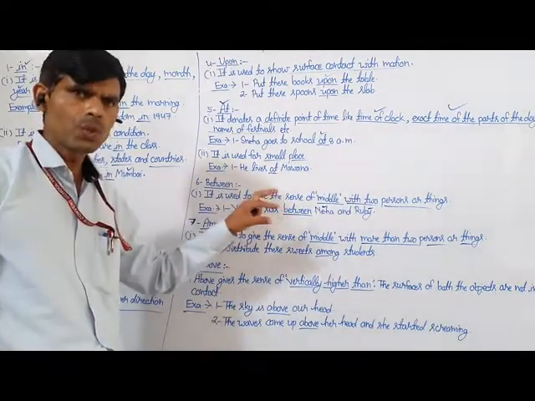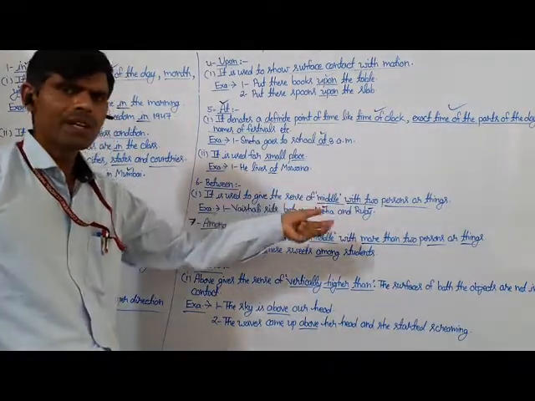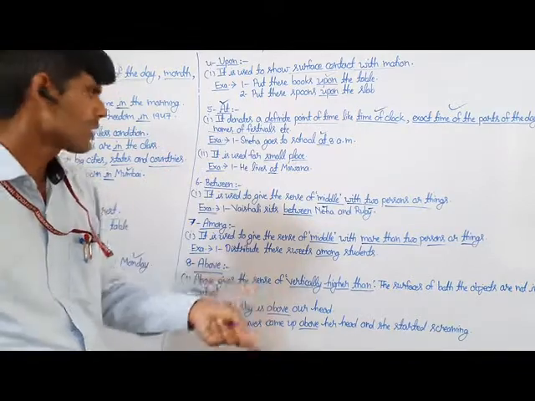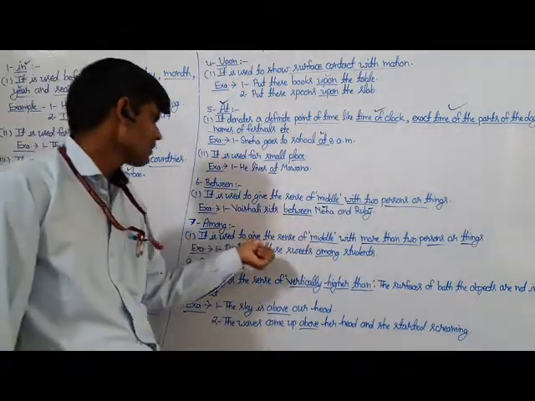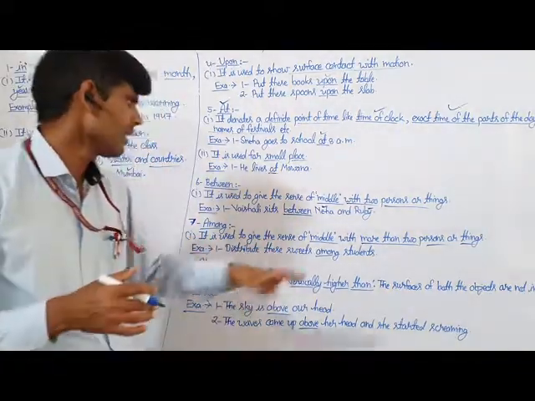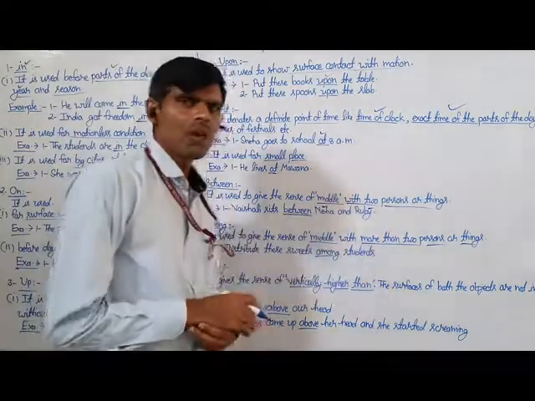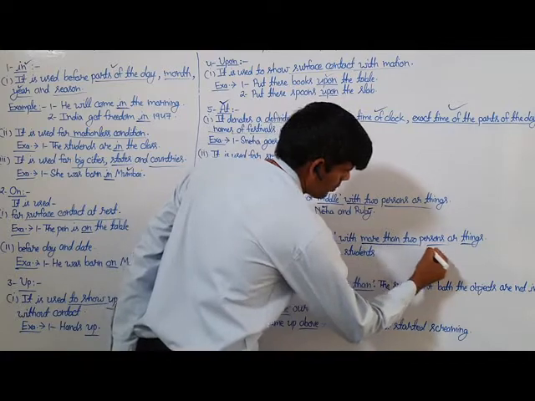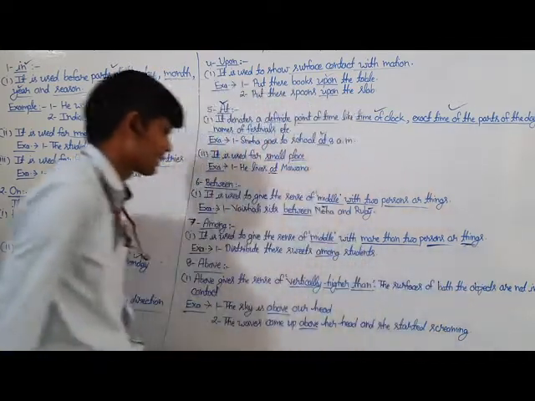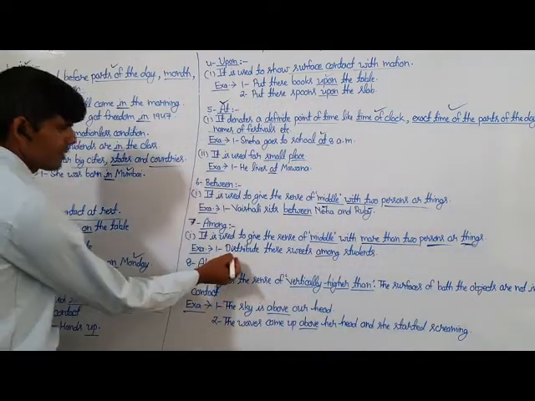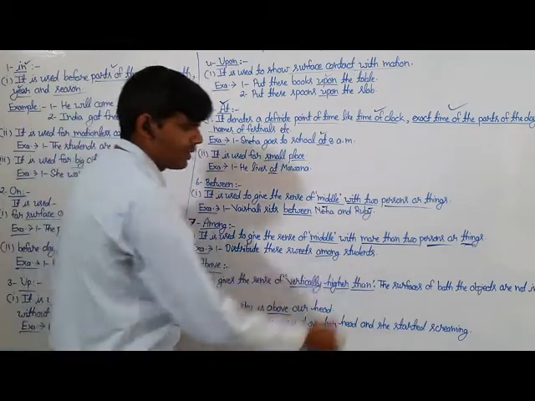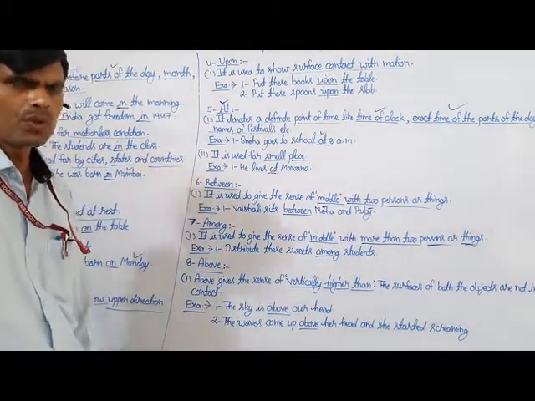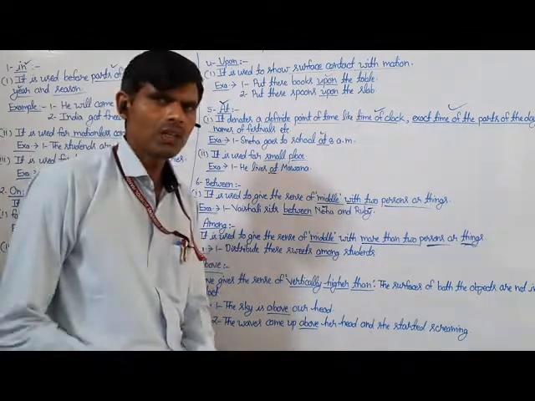Between is used to show the sense of middle with two persons or things, and among is used to give the sense of middle with more than two persons or things. You have to consider the underlined words, more than two. For example, distribute these sweets among the students.